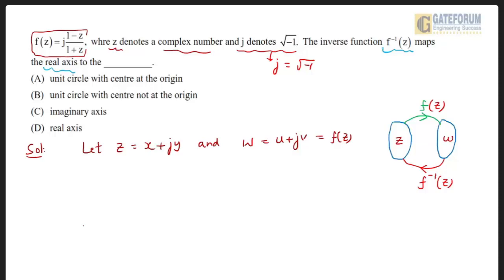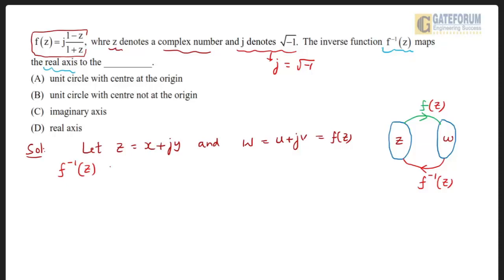Now, f of Z maps a region in the Z plane to a region in the W plane. F inverse is a function which maps a region in the W plane to a region in the Z plane. Actually, f inverse of W is the correct notation.